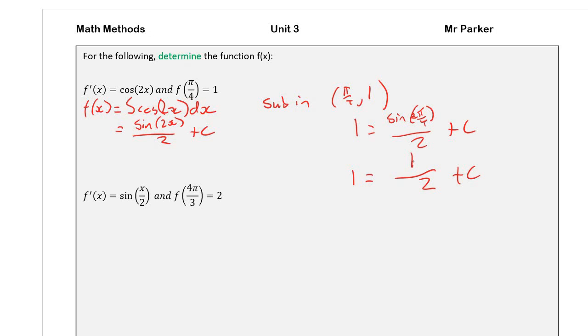So to solve for c, minus a half off both sides. C is 1/2. Therefore, f of x equals sine 2x on 2 plus 1/2. So that is the full integral.